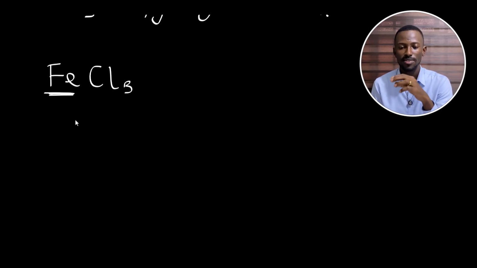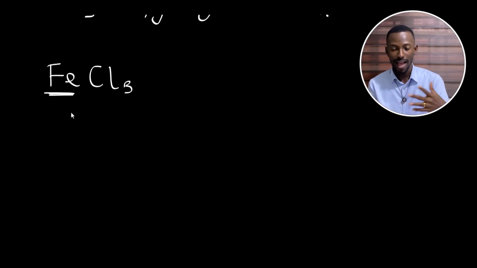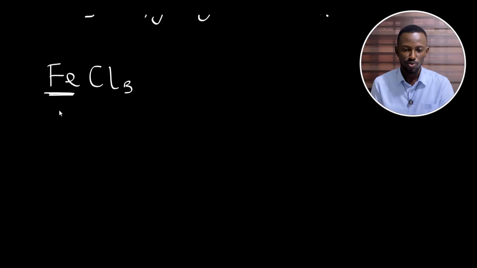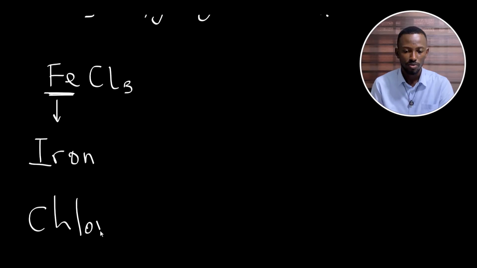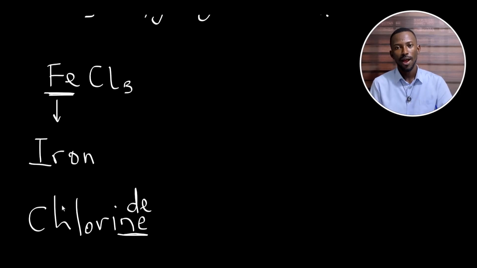In order to name this kind of compound that does not have a polyatomic ion, all you need to do is identify the atoms that are present. The first atom is a metal. The metal is iron. So we have iron, and then we have chlorine. For chlorine, you change the last letters to IDE. So this compound becomes iron chloride.